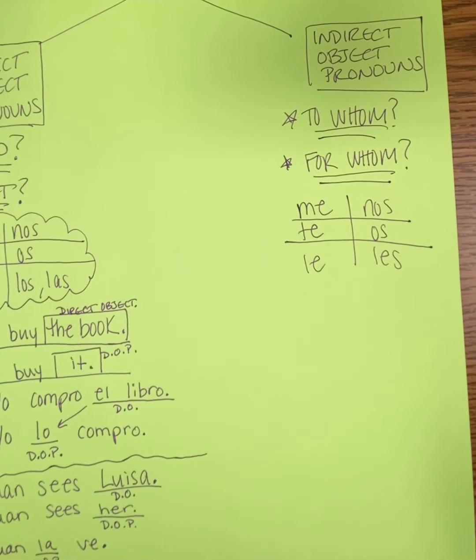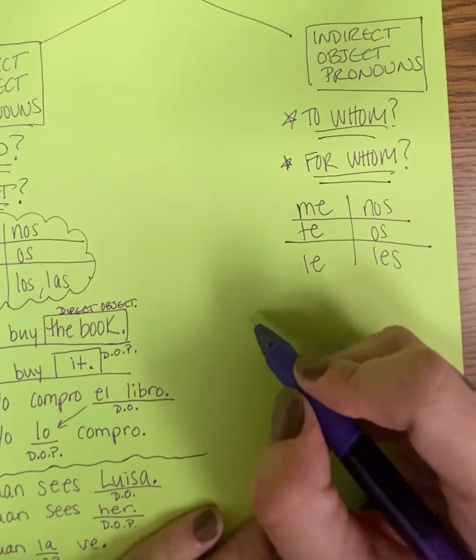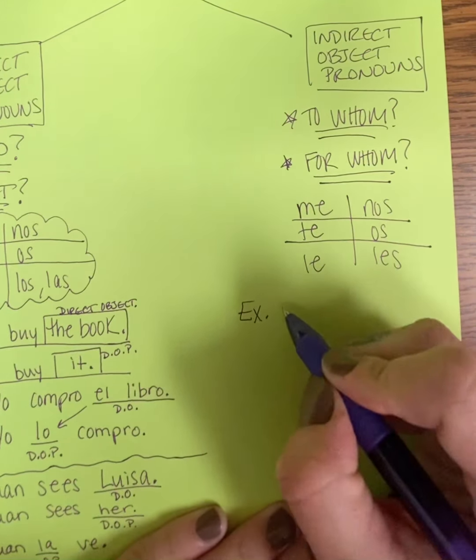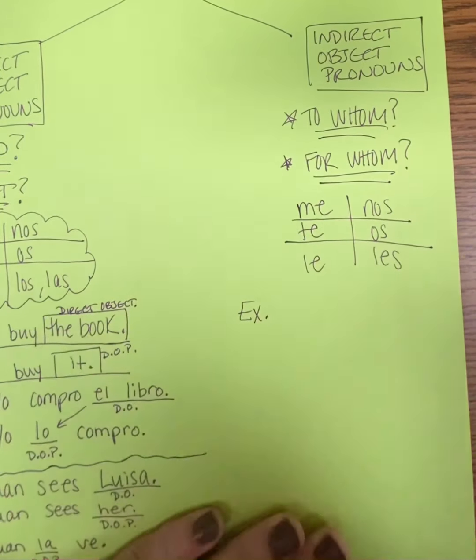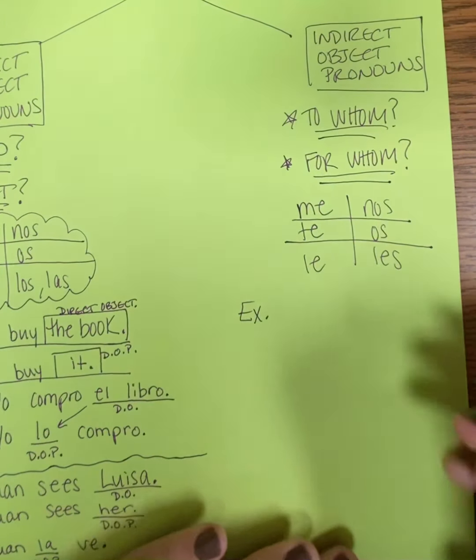So let's do an example of an indirect object in a sentence. We'll give you a little English one so we can first identify it. That's the most important step first, right? First things first. So example. Over here I had I buy the book, right? I'm going to now plug in an indirect object there.